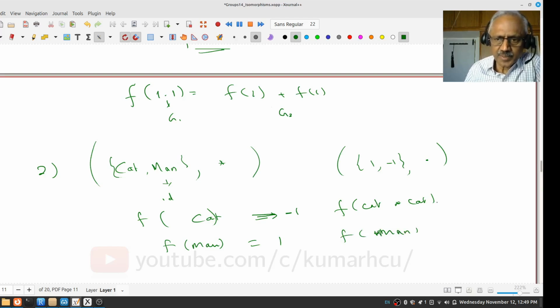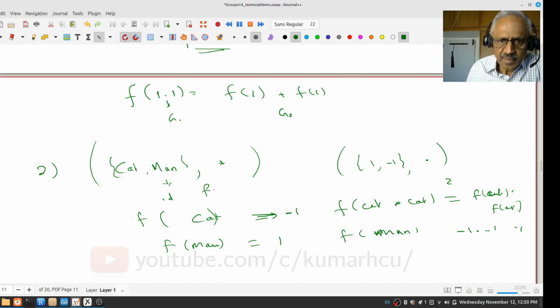But I want to check whether it is equal to f of cat dot f of cat, right? Here, this is the binary operation in this group. F of cat is minus 1, and the binary operation is multiplication. Minus 1 times minus 1, that is 1. But what is f of man? Since man is the identity, we send f of man to the identity here, 1. So it's correct.